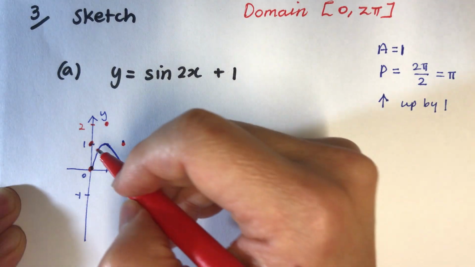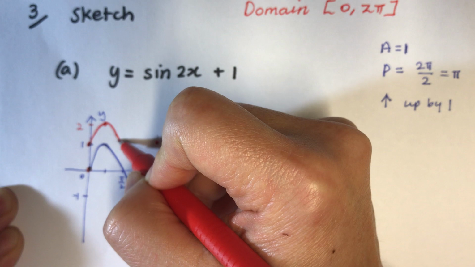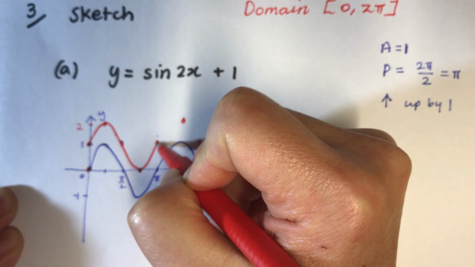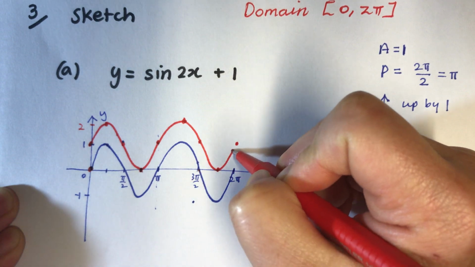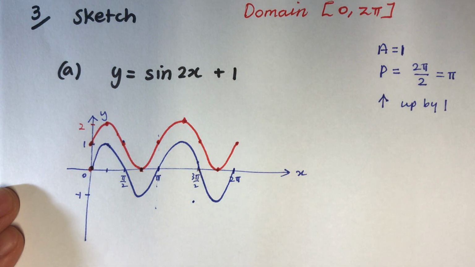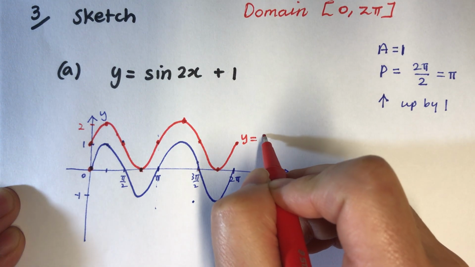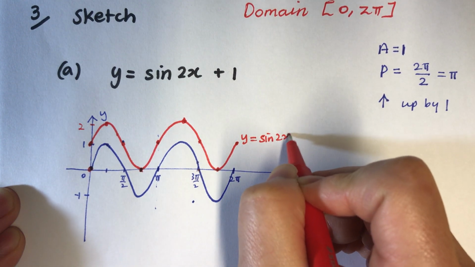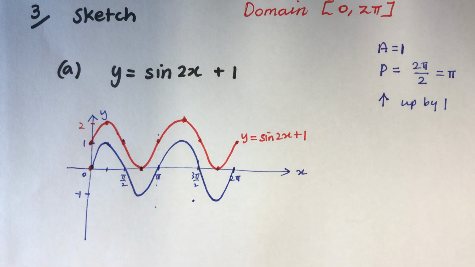And then I'm going to sketch this. Please, please get it right. Okay. So this is y equals sine 2x plus 1. Okay, it's good to actually put the equation there.